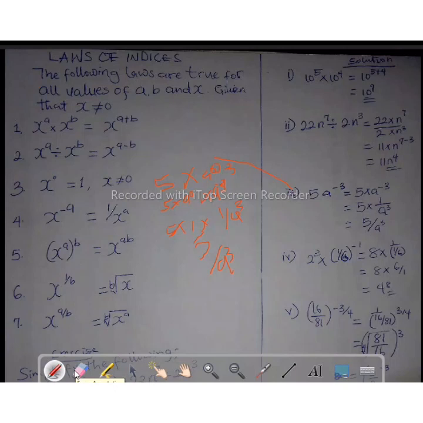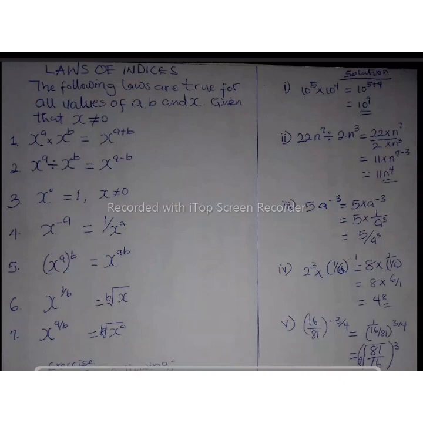Let me walk you through exercise Roman figure 5, how we apply the seventh law, from which you will also indirectly see how the sixth law is applicable. So let's look at that.